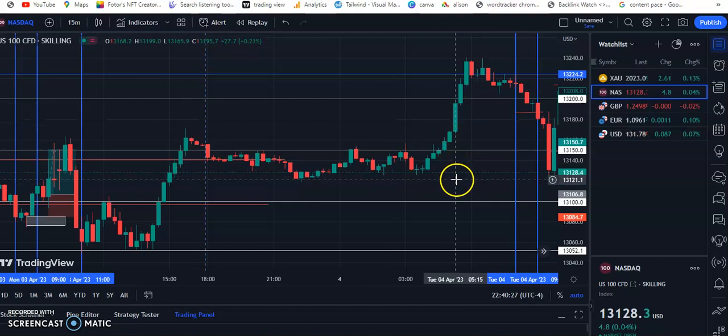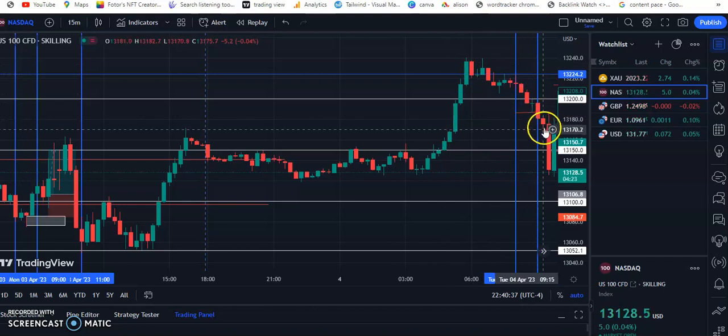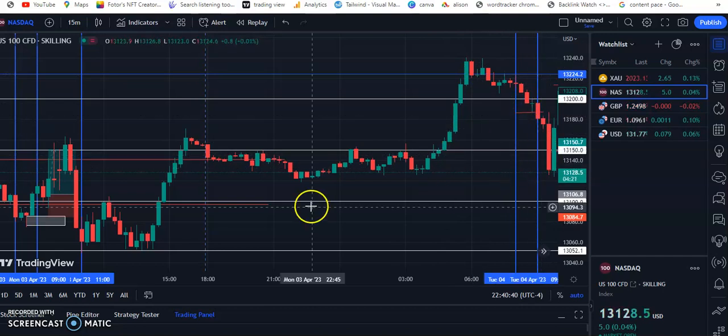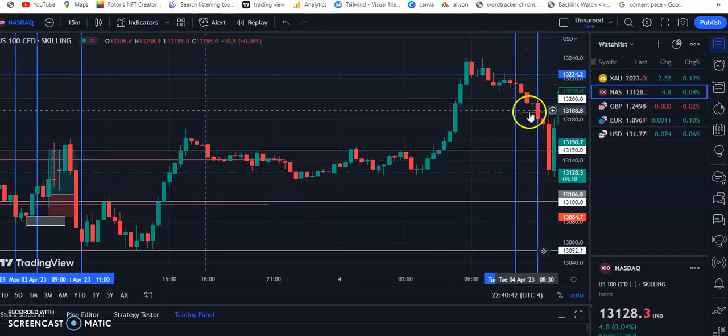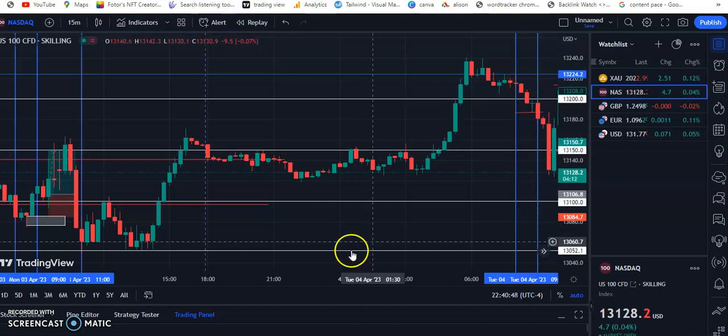So, we can look for trade setups at the low of the day for buy setups, but they are just scalps because this is a broken down market. It will just be a stop hunt to the people who went long during the London or the first hour of the New York session to continue with the trend.